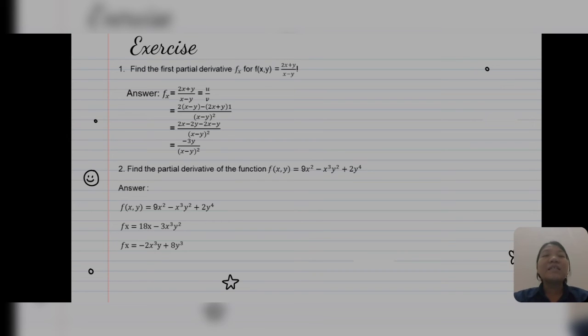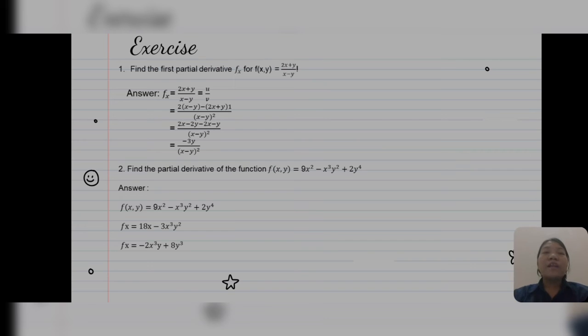And the answer: because this is a rational function, we use the derivative quotient rule, that is v times u prime minus u times v prime, over v squared. And here, u is 2x plus y and v is x minus y.